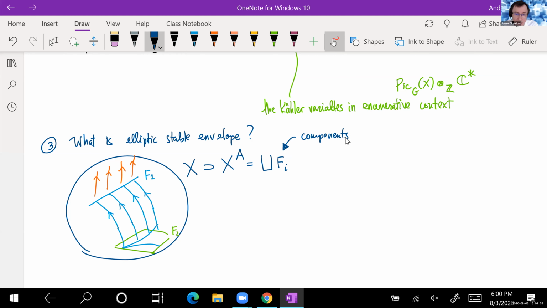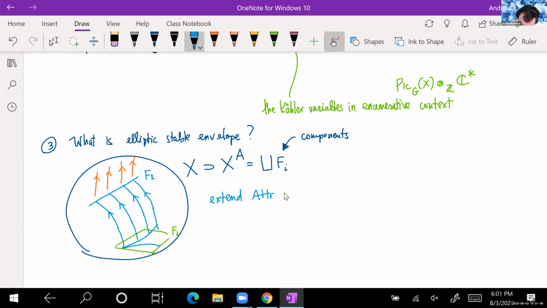And we would like to assign a meaningful cohomology class to this attracting manifold. So the question is to extend this attracting manifold.